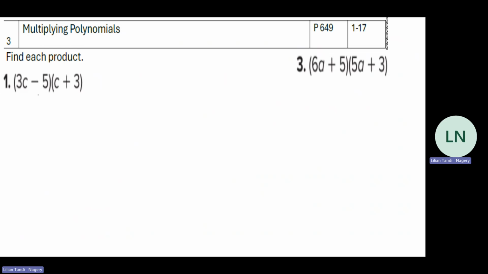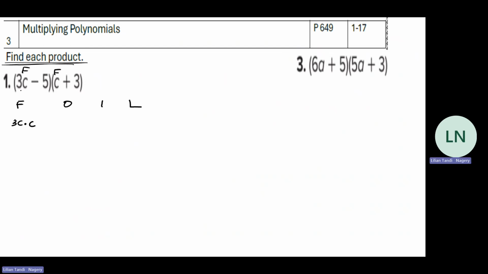So here you can do FOIL or you can do distributive property because the question did not tell you what to do. So whichever one you want to do, okay? We can do FOIL. So we do the first, our out, our in, our last. 3c times c, those are our first.